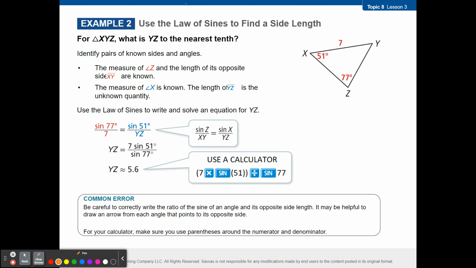So here's what's happening. It says for triangle XYZ, what is YZ to the nearest tenth? Here is a pro tip that you're going to want to write down, probably in the blue part.